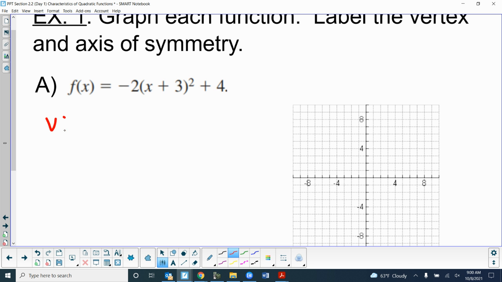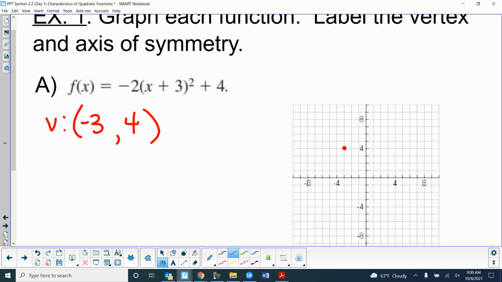So the vertex is what? -3, +4. So -3, +4, there's the vertex. Does this thing open up or down? Down, right? Because that negative sign means it did what?